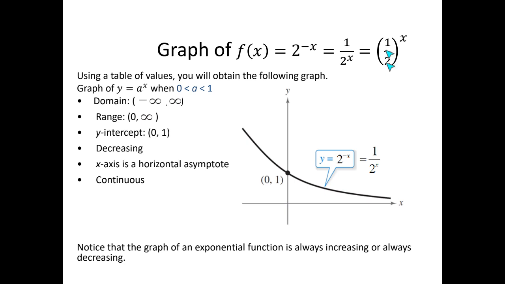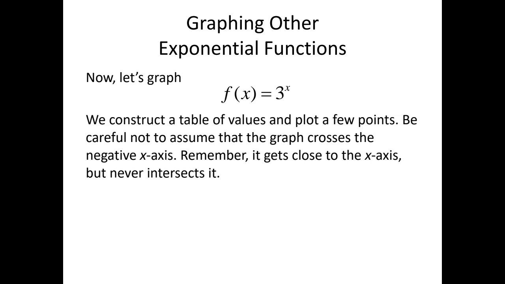So if your a is a fraction, like this one here, then your graph is going to be decreasing. If a is a whole number, like this one here, the number 2, but you have a negative exponent, then your graph is still going to be decreasing. The domain remains the same, the range is the same, your y-intercept is the same. Instead, it's decreasing instead of increasing, and it's continuous.